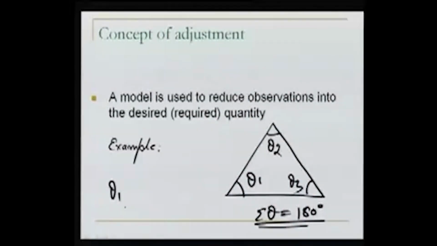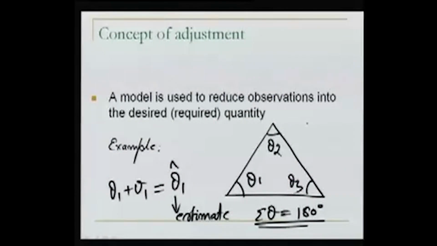So what we are doing in observation, if theta 1 is an observation, I am applying a particular correction to this so that I get theta 1 hat. So theta 1 hat is the estimate. What is the meaning of this? In observation we applied the correction by some method, we get an estimate.